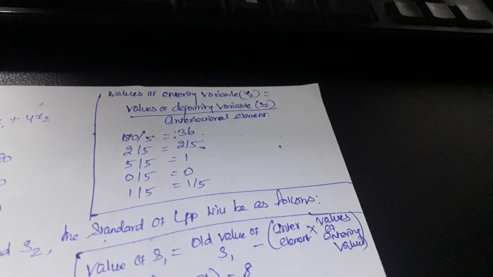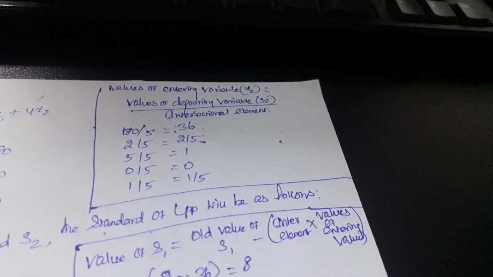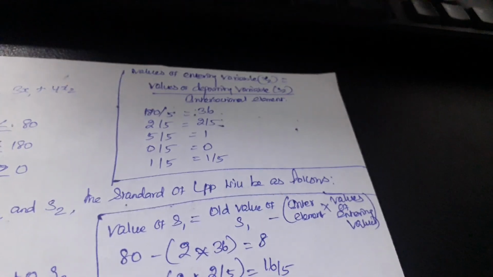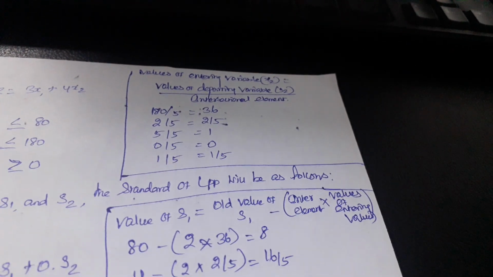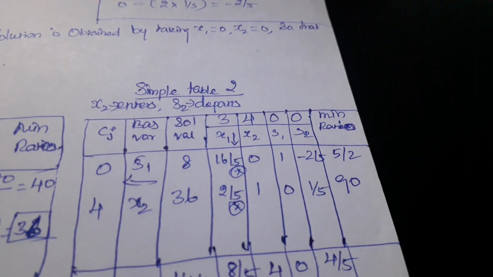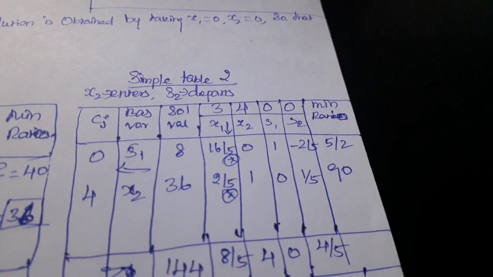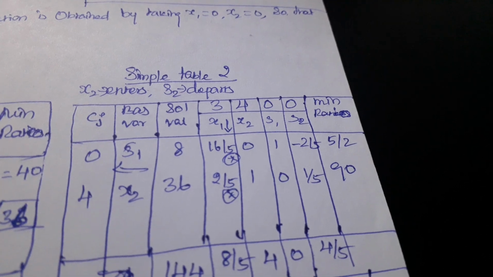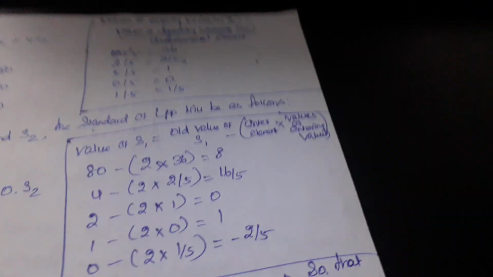So the final entering variable values are 36, 2 by 5, 1, 0, 1 by 5. We can write down those values on the table. Then we have to find the S1 row.